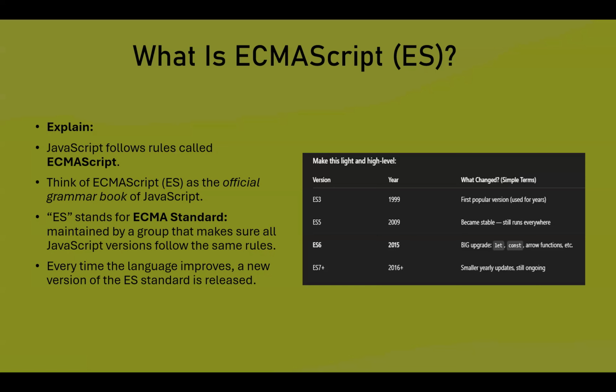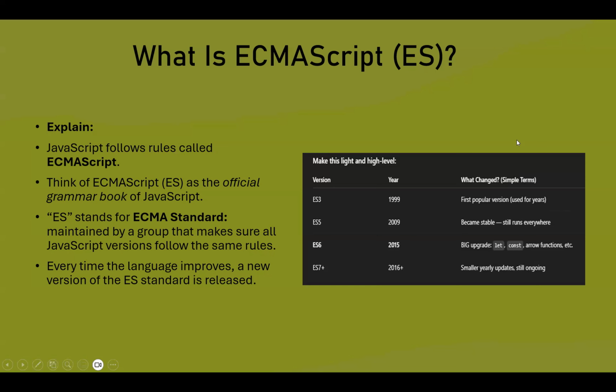They are currently on ES7 plus. If the language is improved, they will upgrade it to ES8, and whatever year that ES8 came out will be tagged alongside the name. So anytime they improve something in the language, they'll release a new version and call it ES, whatever number follows.